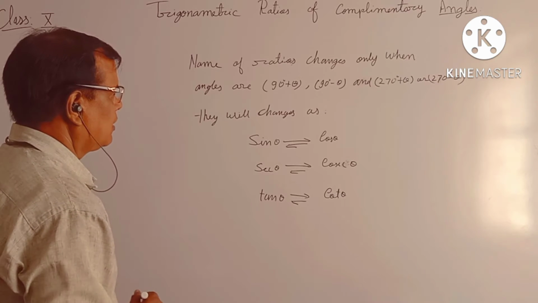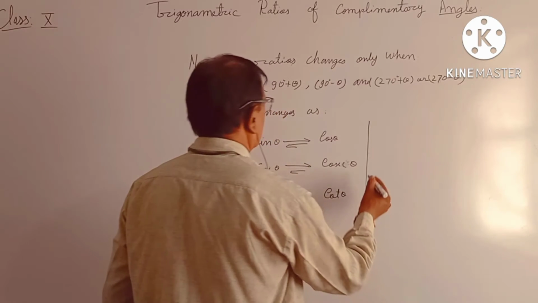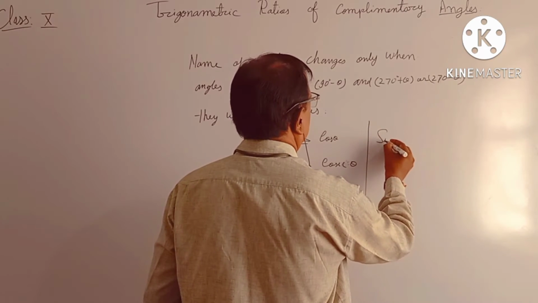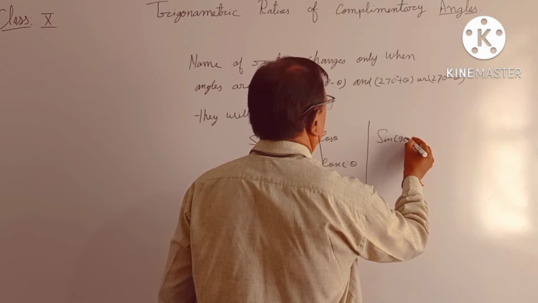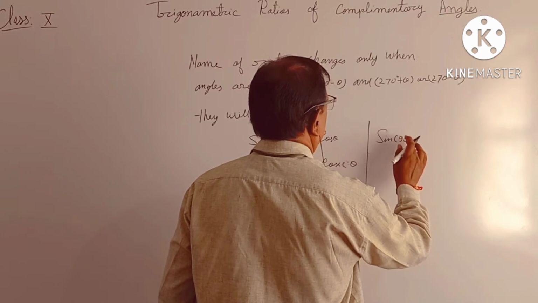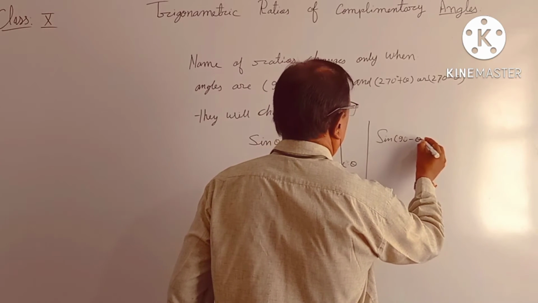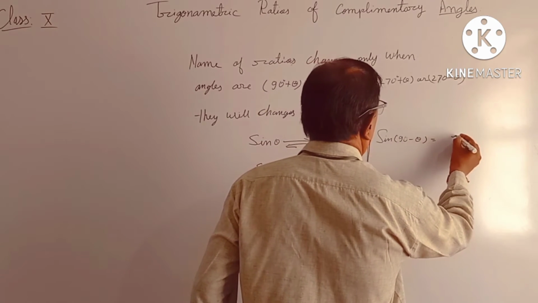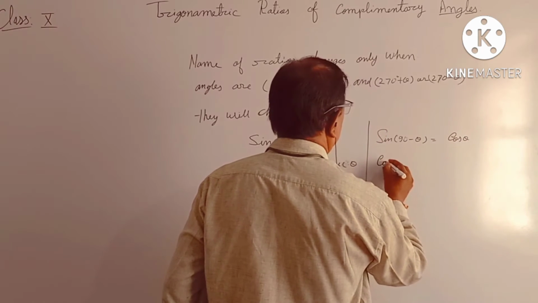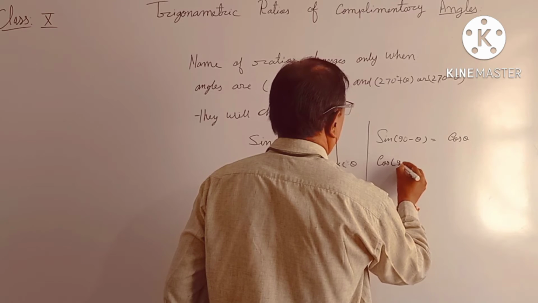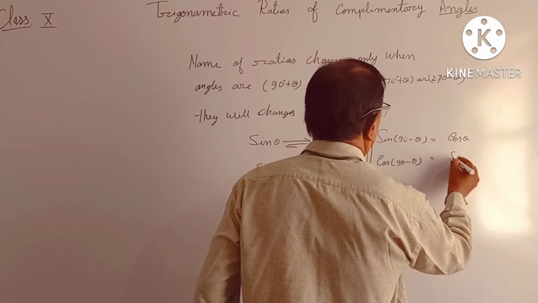I will write here some examples, not for all, such as sin 90 plus theta and 90 minus theta. Then it changes to cos theta, or cos 90 minus theta changes to sin theta.